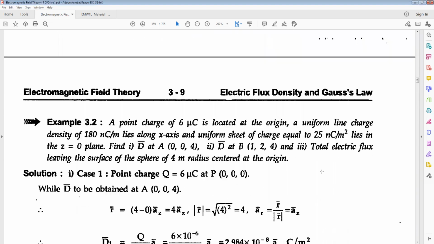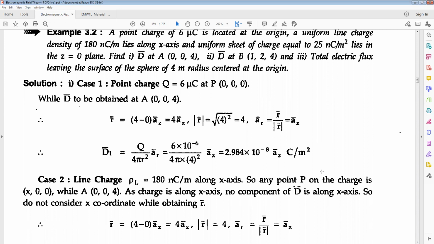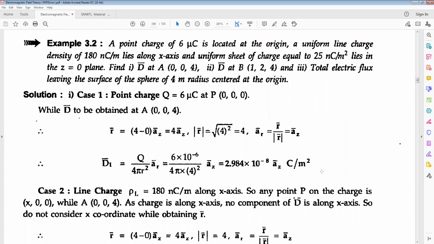So next is the second example. A point charge of 6 microcoulomb is located at the origin. A uniform line charge density of 180 nanocoulomb per meter lies along the x-axis. And a uniform charge sheet of 25 nanocoulomb per meter square lies in the z is equal to 0 plane.